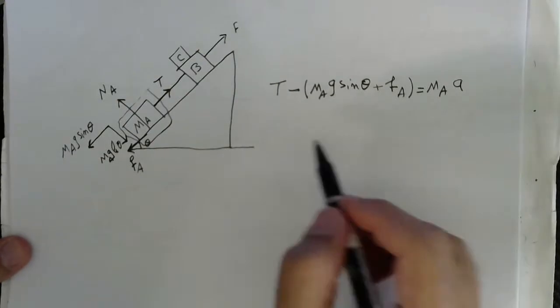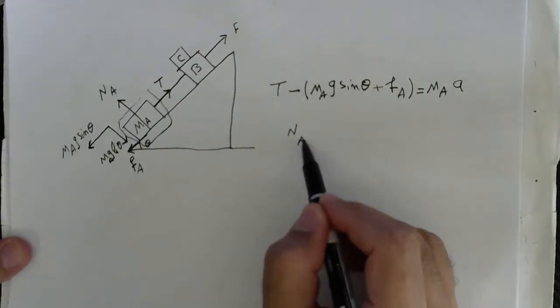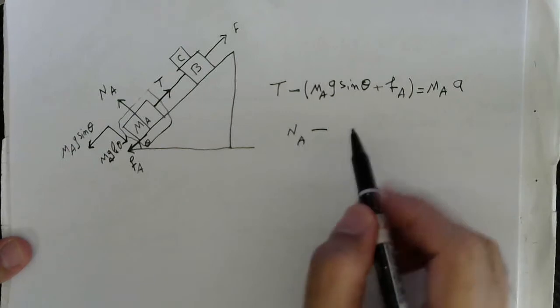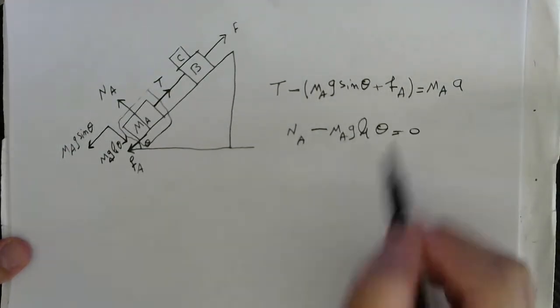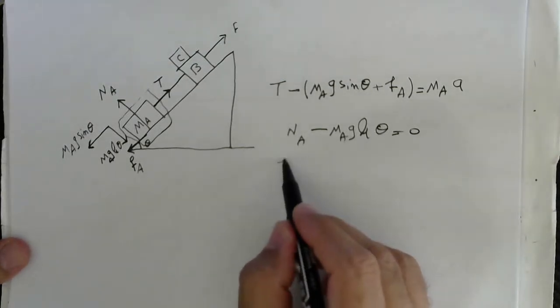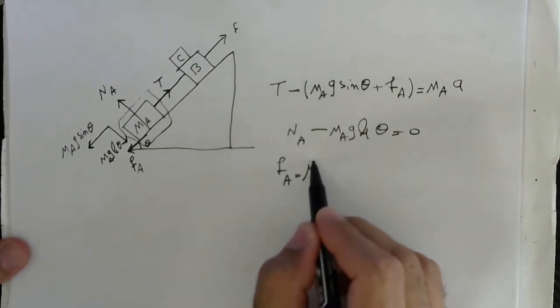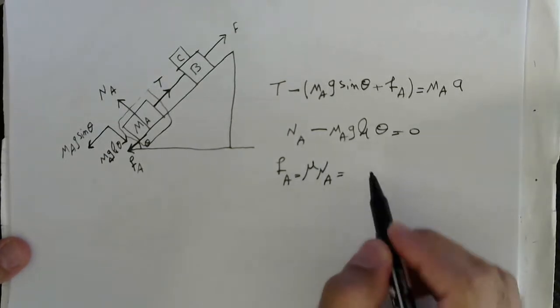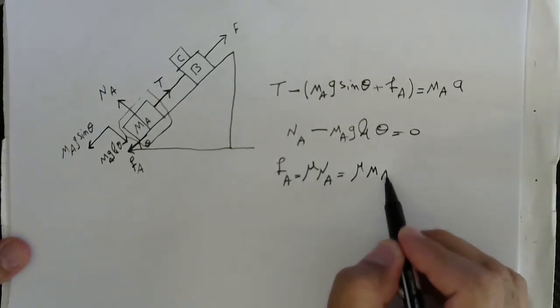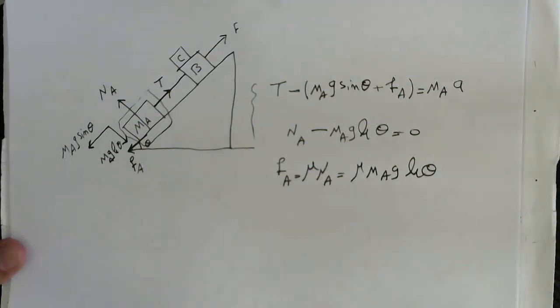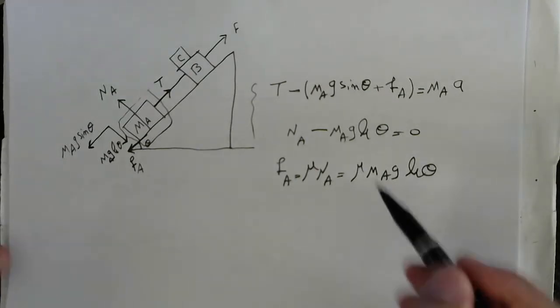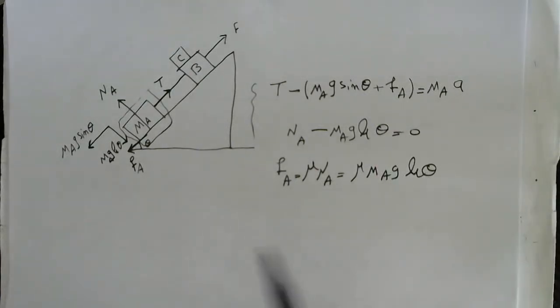And in the vertical direction, N_A minus m_A g cosine theta equals 0. We know f_A is mu N_A, which is mu m_A g cosine theta. So this becomes just simple math. We can put this there and calculate the acceleration or the tension in the rope.